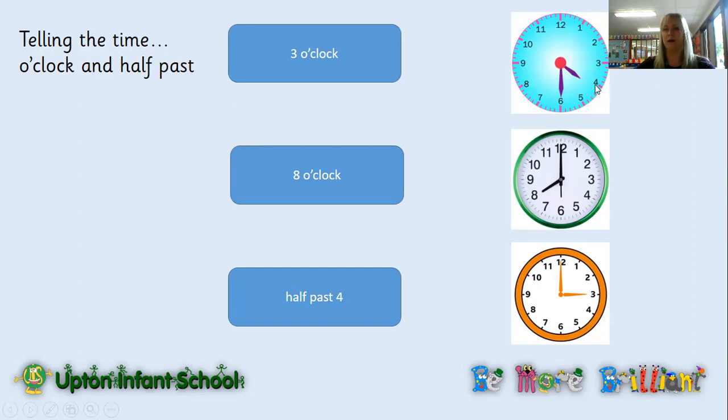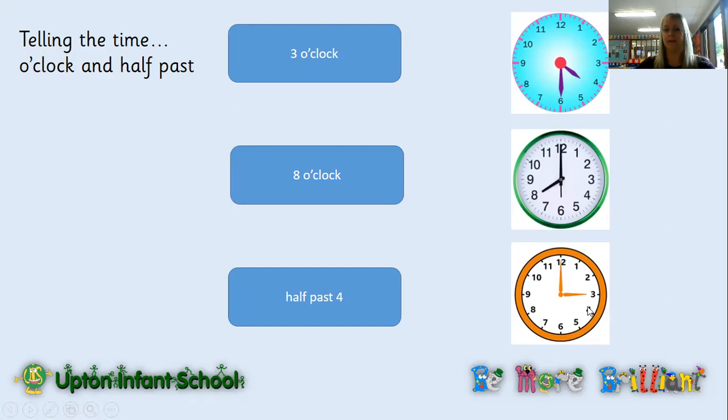We've just gone past 4 of the hour of 4, and our long hand is on the 6, so it's 4:30. The second clock, now the long hand, the minute hand, is pointing to the 12, so this must be o'clock, and the hour hand is pointing to the 8, so this would be 8 o'clock.